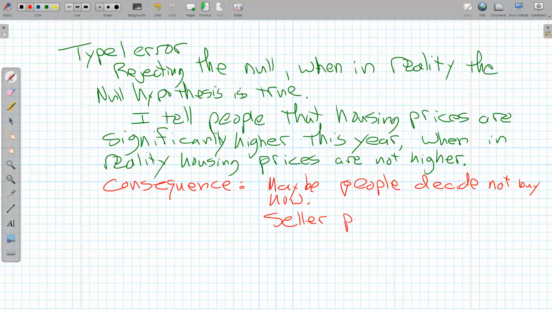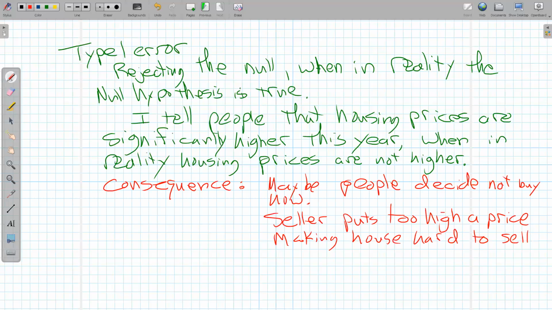Seller puts too high a price because they think prices are higher, they're going to elevate their price, making the house hard to sell. So this is kind of a brainstorming thing. With the application, you've got to brainstorm: what are the consequences if you made this kind of error?